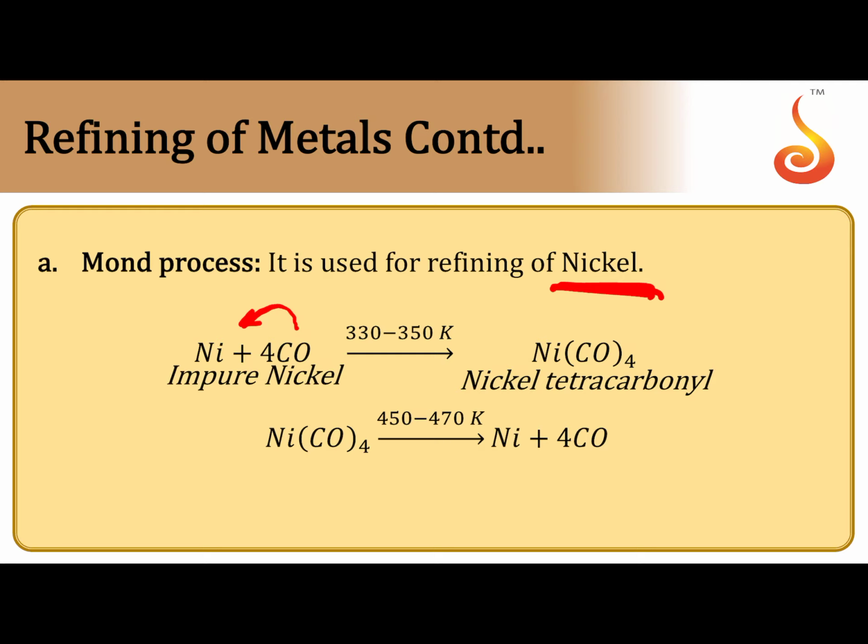So metal carbonyl complexes are formed when carbon monoxide is passed over impure metal at around 350 Kelvin. A stable nickel tetracarbonyl complex is formed, because between nickel and carbon monoxide both sigma and pi bonds are formed.